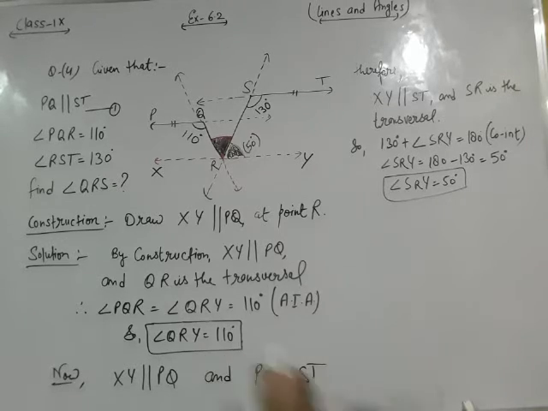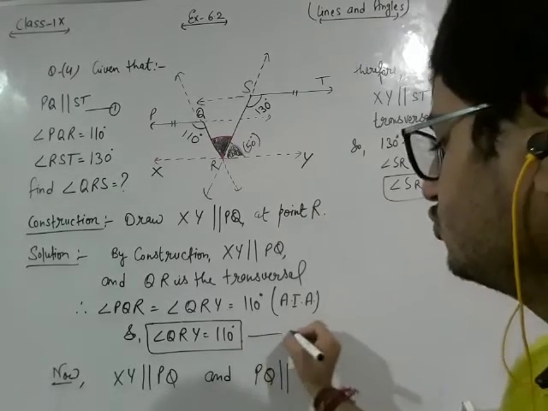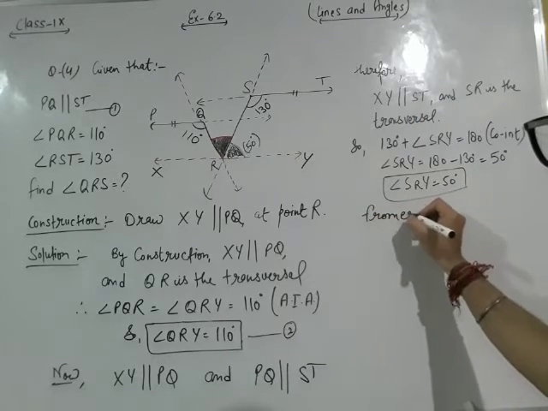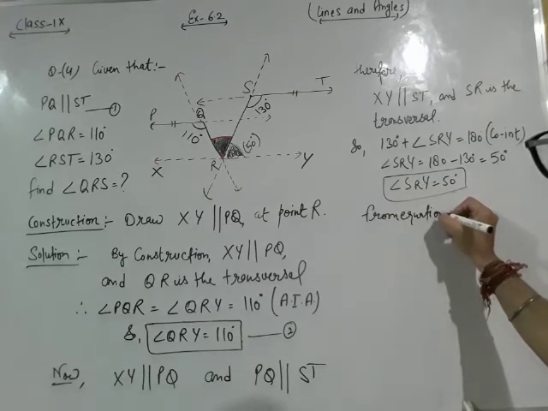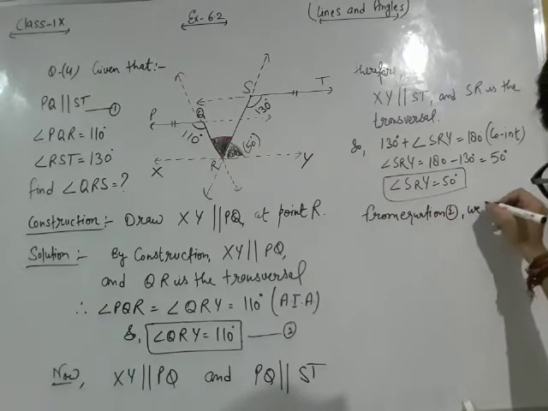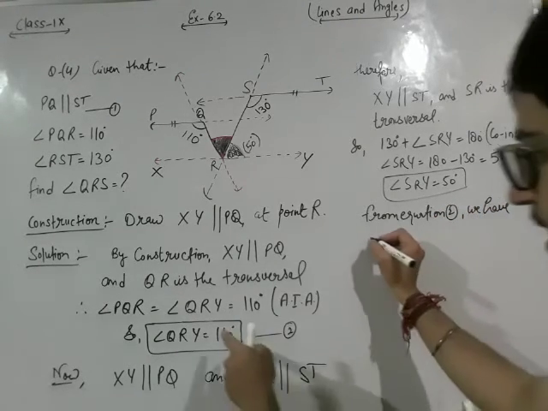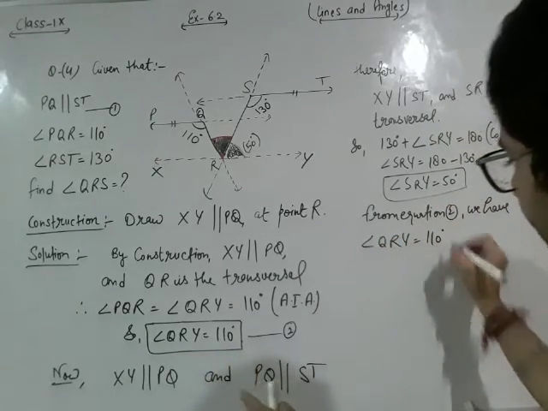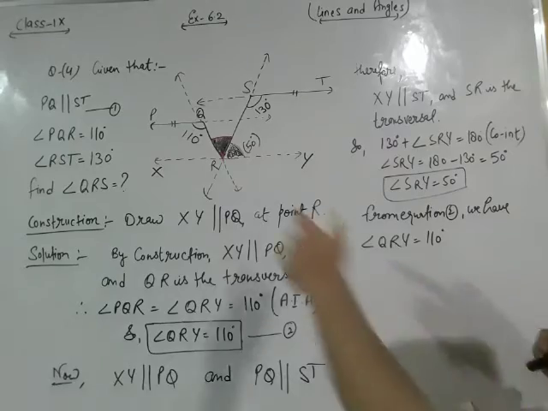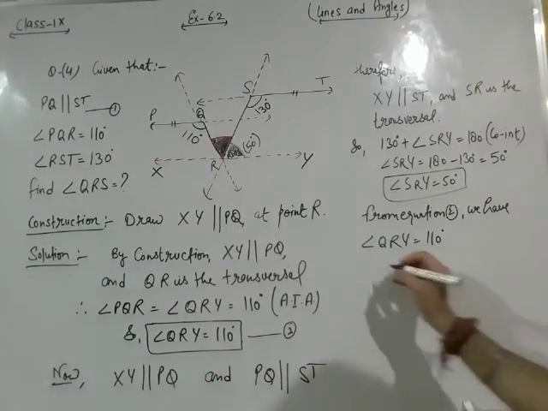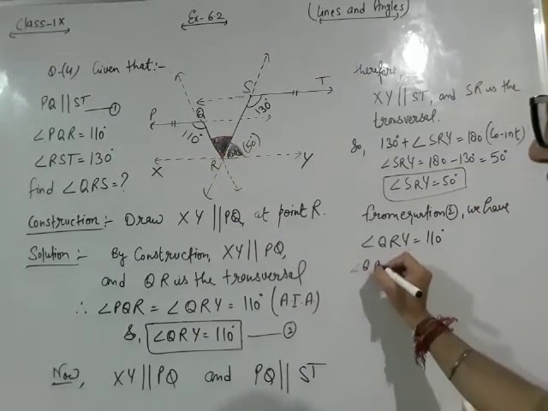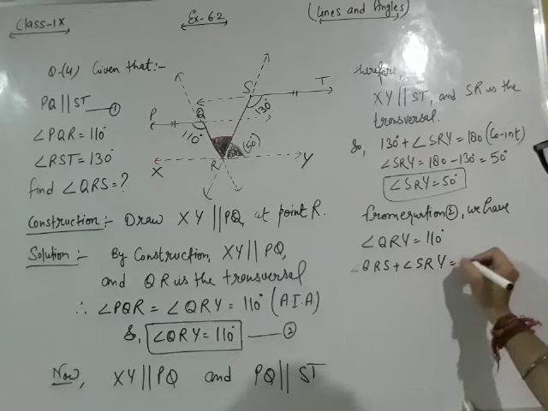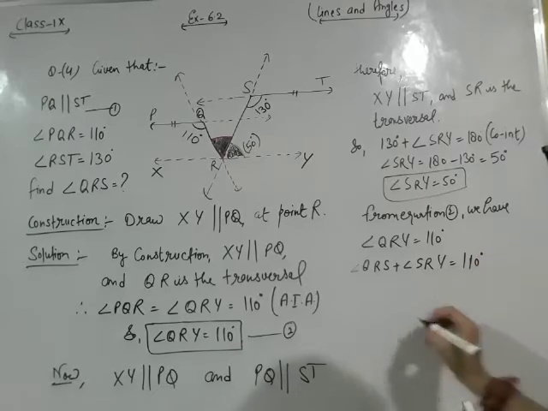Now from here, mark it as equation 2. From equation 2, we have angle QRY equals 110 degrees. We can write angle QRY as angle QRS plus angle SRY, and that equals 110 degrees.